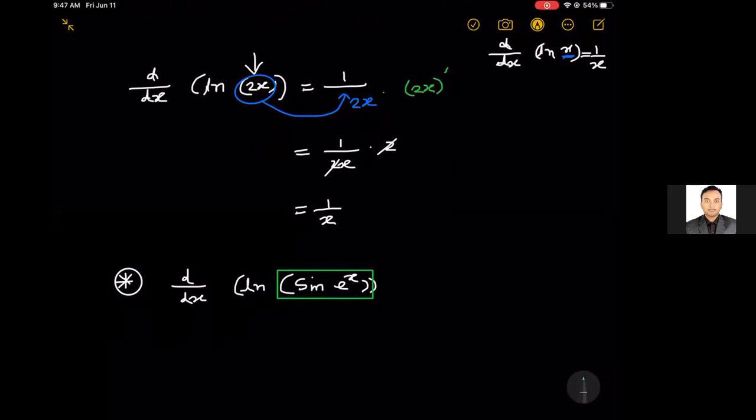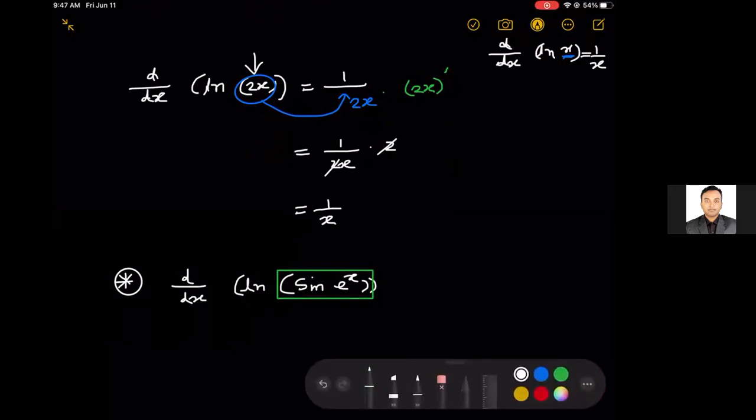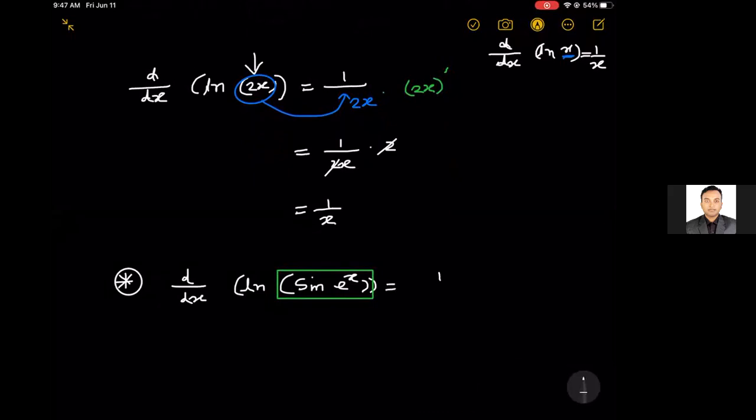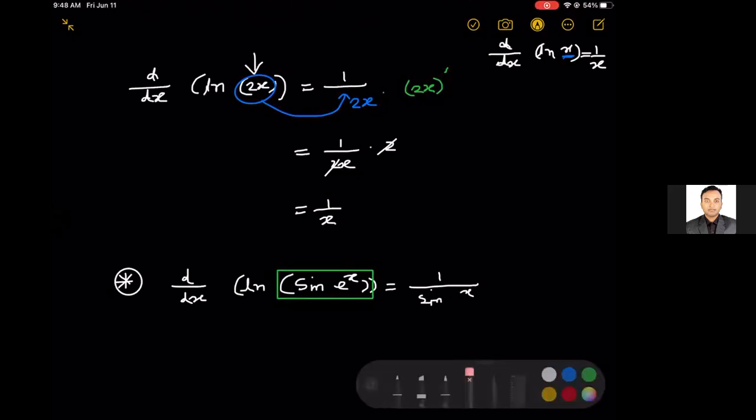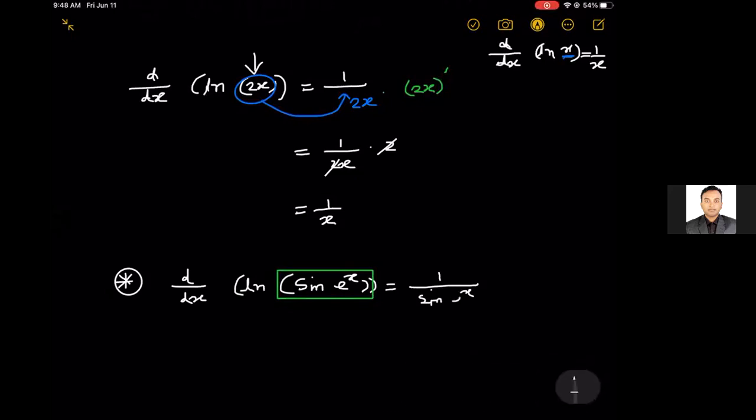So 1 over sine e to the x, and then we need to multiply the derivative of this part because it's not exactly x. We need to multiply the derivative of this, right?